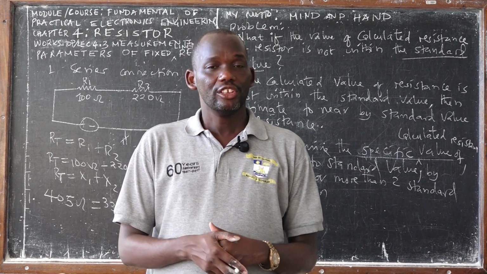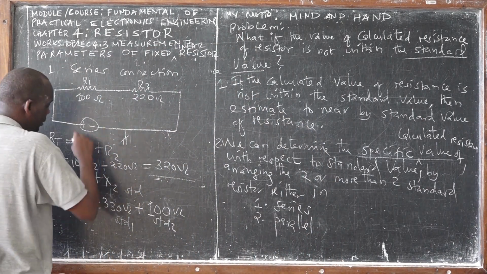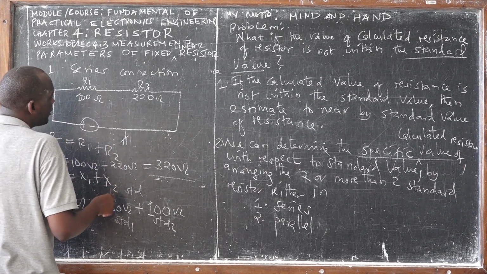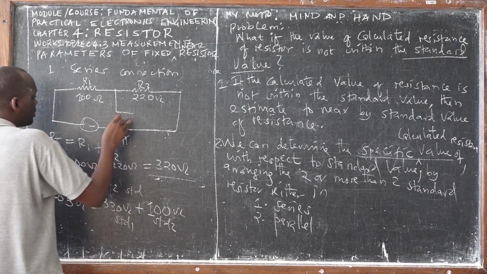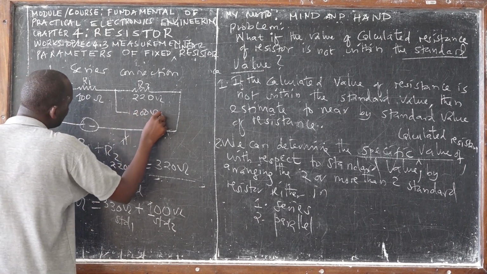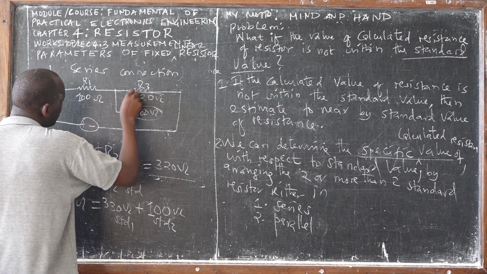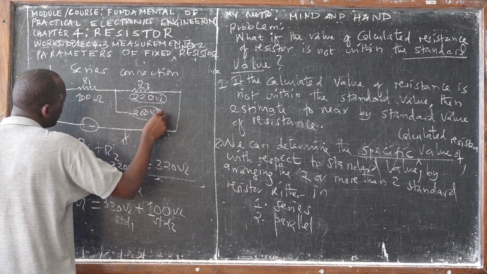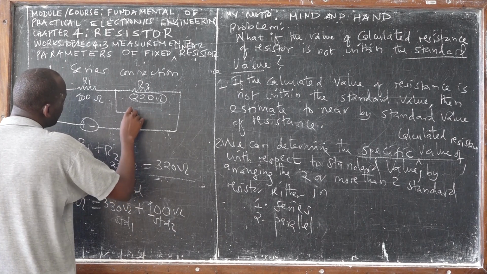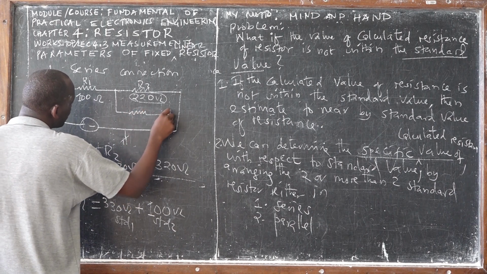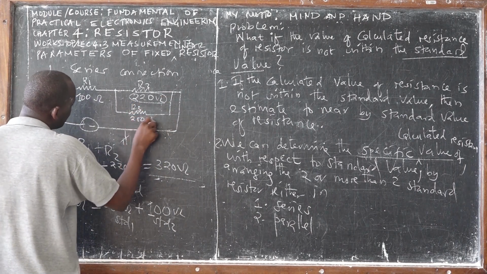Are we together? So for parallel connection, for instance, if you want to connect this one in parallel, let's say here we have another one, R3, which is 200 ohm.